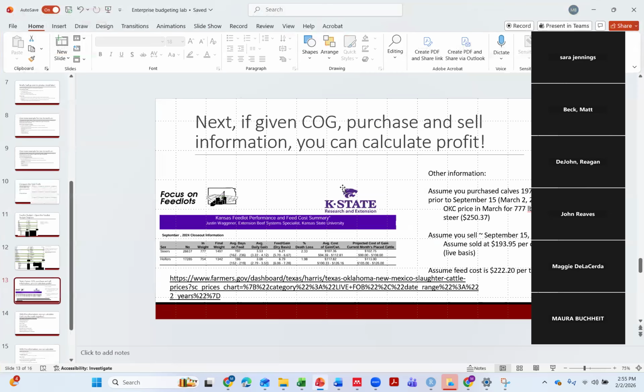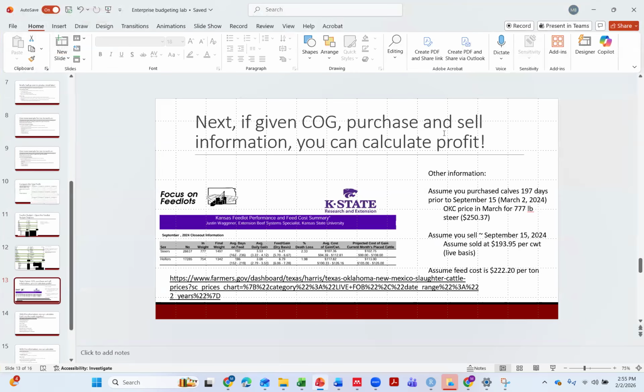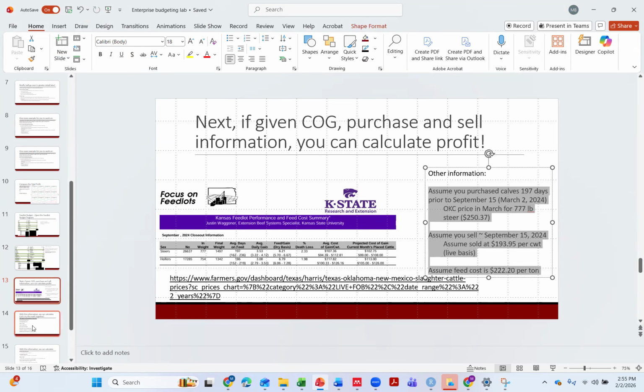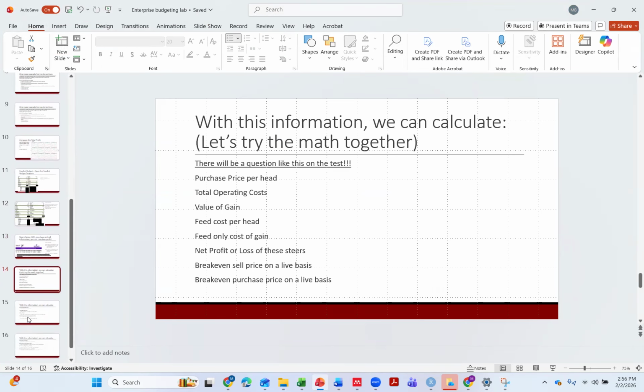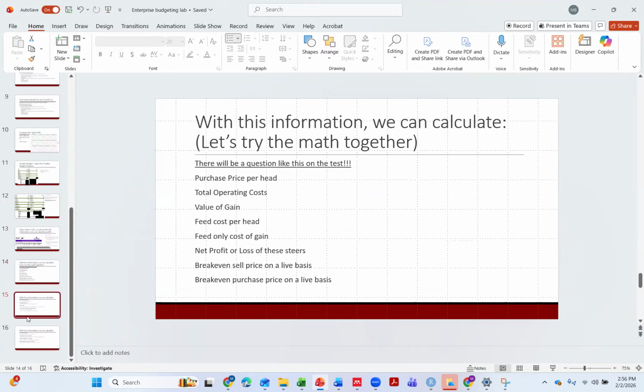Okay, last things. I just gave another example of a question that you could be asked or will be asked on your exam 1. So if you're given a Kansas State focus on feedlot report and I give you this additional information, I will ask you to calculate these different things, right? And we went through this in the previous lecture.